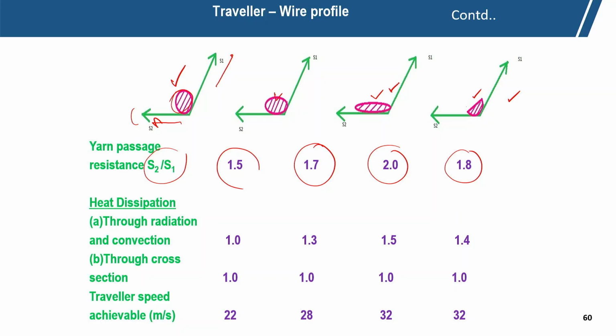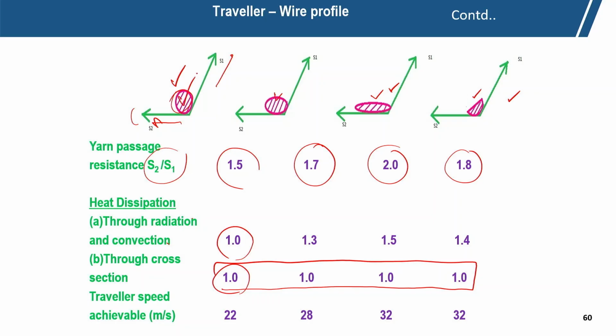Now, if we see the heat dissipation, through radiation and convection it is 1, and through cross section it is 1, because the cross section of all these travelers is the same, because the mass is same, only the shape is changed.